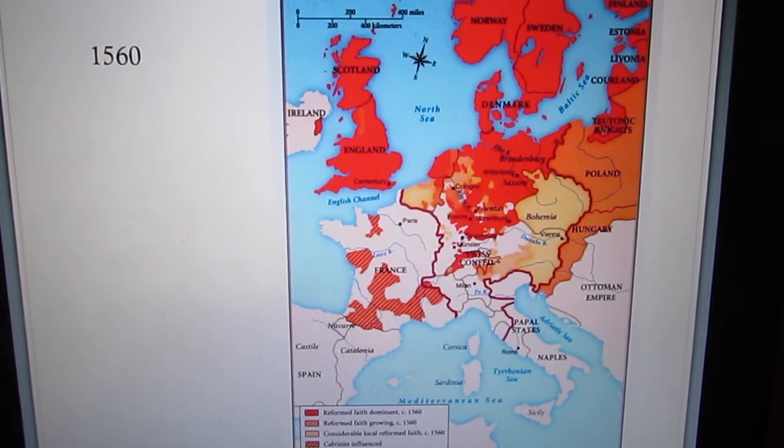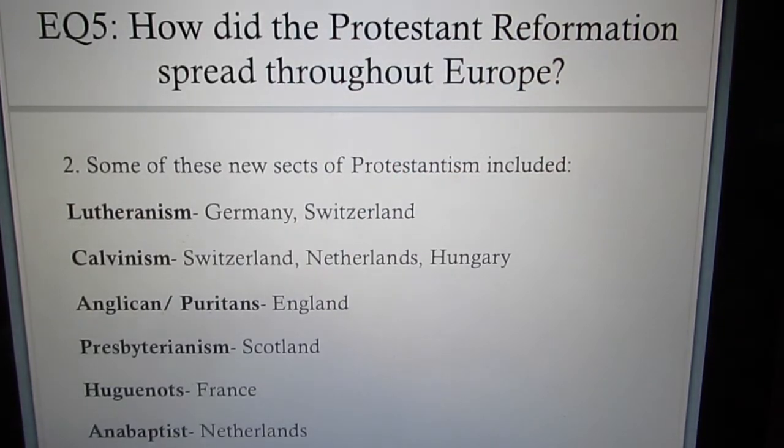Here's another map just to give you an idea of some of the religious sects that will be spread during this time period. And so with the spread of his ideas, we see new sects of Protestantism emerge. Again, the first one is Lutheranism, and this becomes the first Protestant faith created by Martin Luther himself.